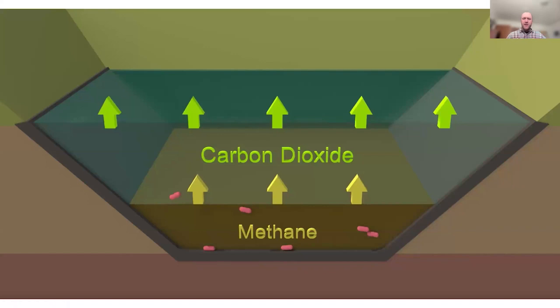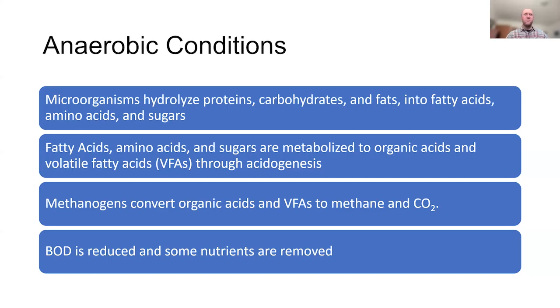Okay, so now going down into that anaerobic zone. This is where the bacteria is functioning without oxygen. This is really taking that heavier carbon-rich material, converting it to methane and carbon dioxide. How this happens is these microorganisms hydrolyze proteins, carbohydrates, and fats, and turn them into fatty acids, amino acids, and sugars.